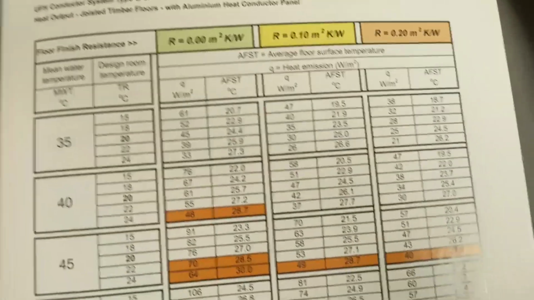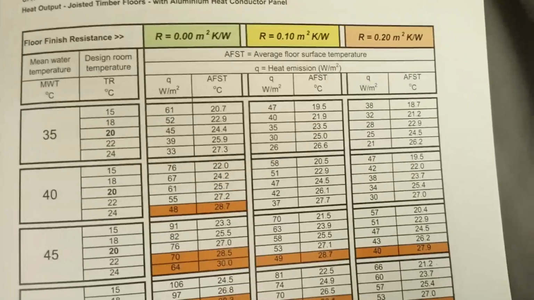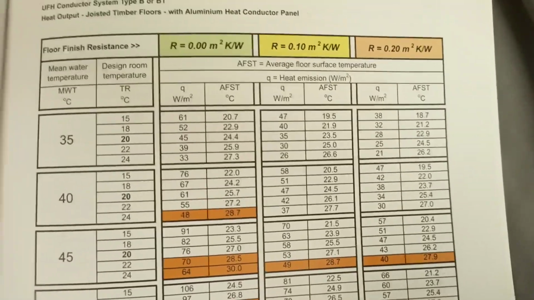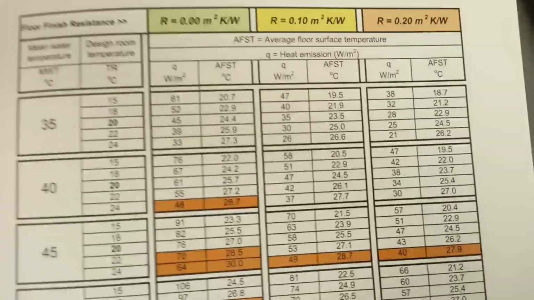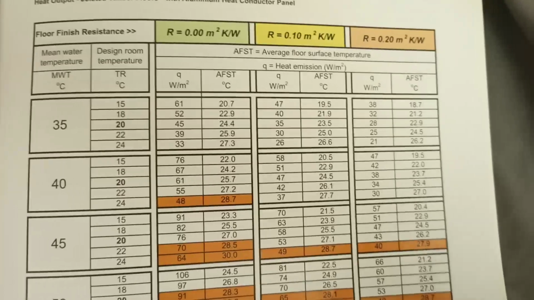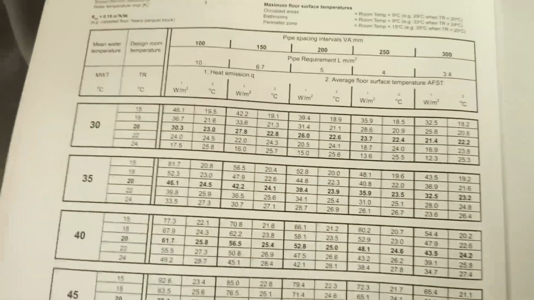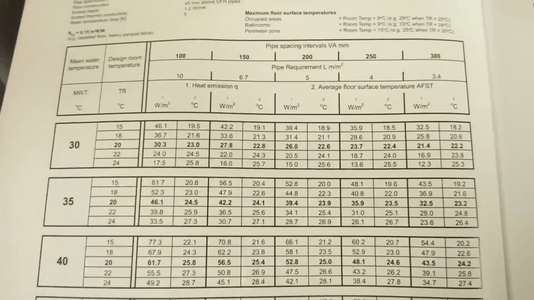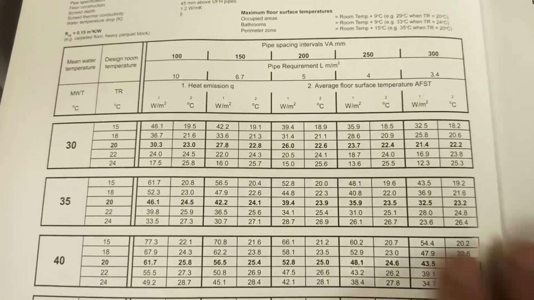And further on in the guide, it talks about the reduction of floor outputs due to the TOG value of floor finishes. If you've got a higher TOG value, again, that's a justification for closer centres. And if you just want to reduce your mean water temperature and improve your efficiency, that again is a justification for closer pipe centres.